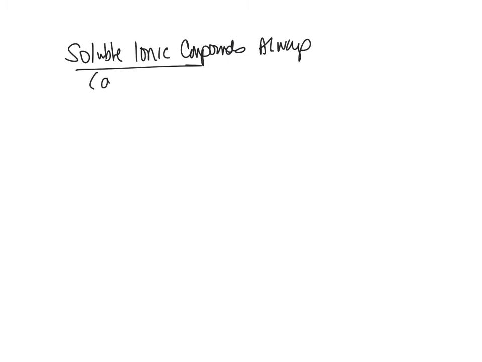So soluble ionic compounds, if they're soluble, are always going to be strong electrolytes.